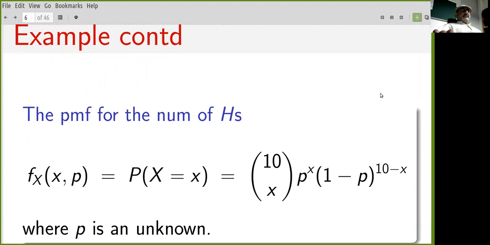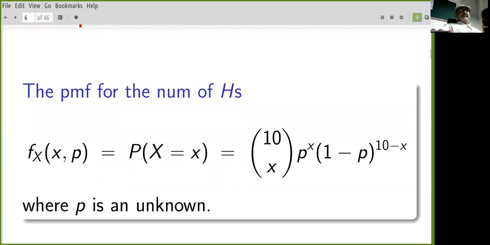Remember, the PMF for the number of h's: there are 10 flips, you have to choose x of them. The probability of getting x h's is given by the probability of getting an h, p to the x, times 1 minus p to the 10 minus x, and x varies from 0 to 10.